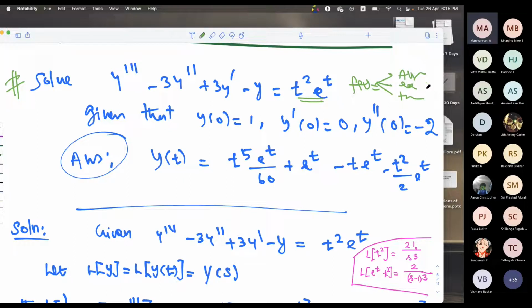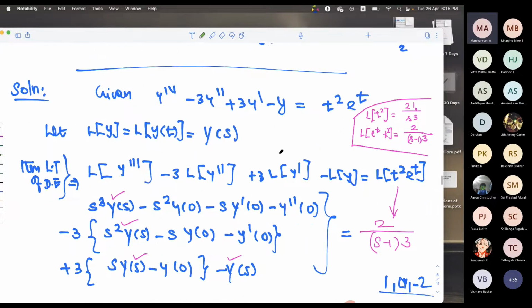But here the product forms are also allowed. So here the Laplace transform we get, since it's third order, needs 3 initial conditions: y at 0, then the first derivative and the second derivative, and the values are provided.